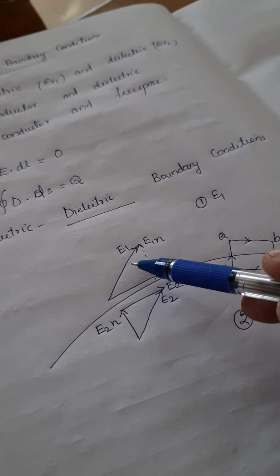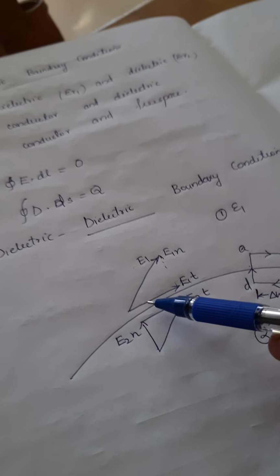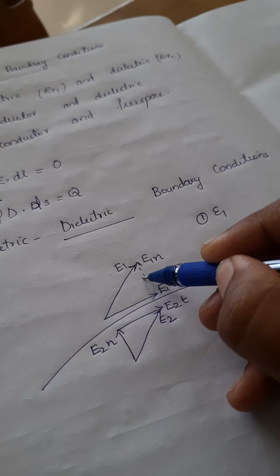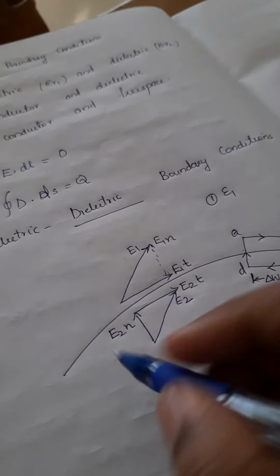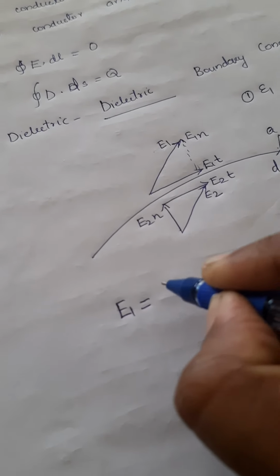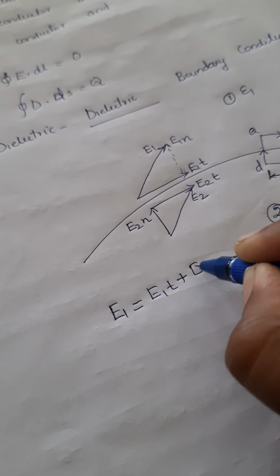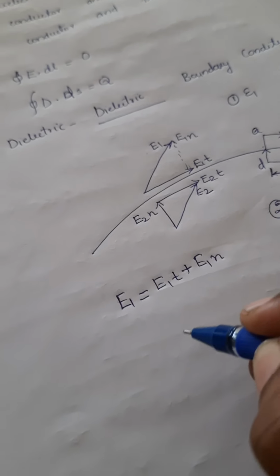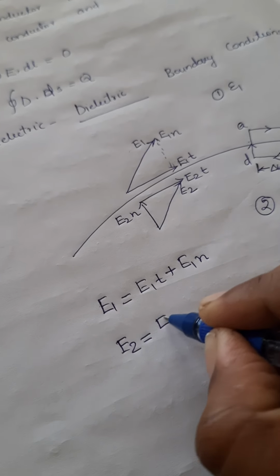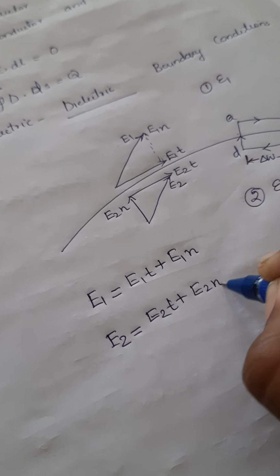Both E1 and E2 are decomposed into one tangential component and one normal component. So we can write E1 equal to E1t plus E1n, and E2 equal to E2t plus E2n.